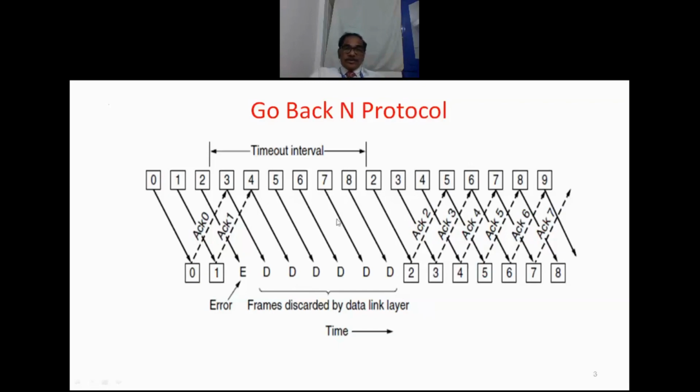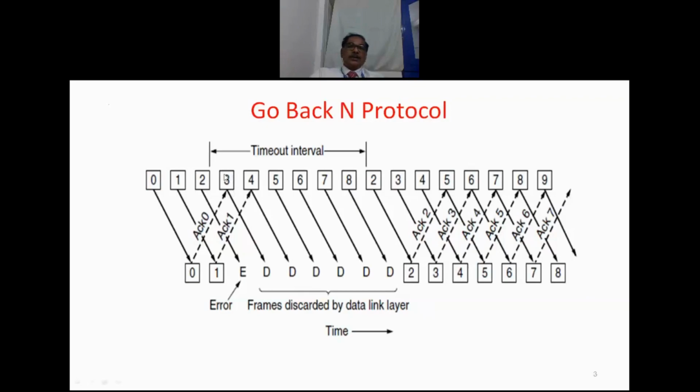For this to happen properly, if the sender has to send all these frames, it has to allocate a lot of buffers, because the moment frame 2 is sent it should be stored in memory till it receives the positive acknowledgement.